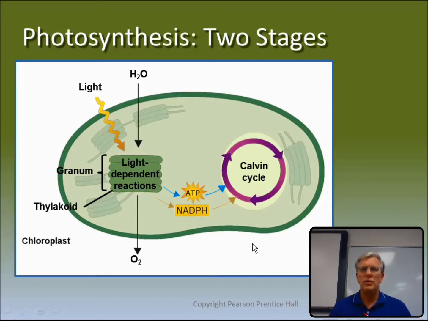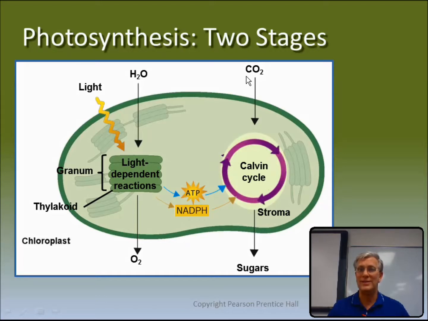The Calvin cycle occurs in the stroma of the chloroplast, and during the Calvin cycle, now we get our carbon dioxide coming in, and as carbon dioxide comes into the Calvin cycle, one by one, the carbon dioxides are going to be put together and ultimately create sugar, glucose, C6H12O6. So 6 carbon dioxide molecules are needed to form one glucose molecule.